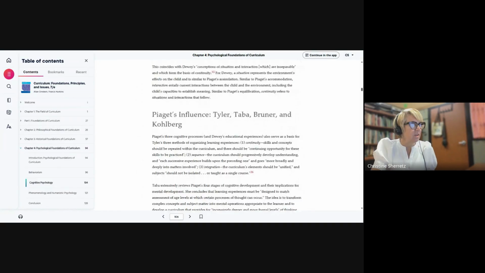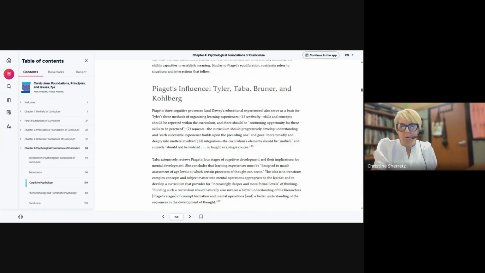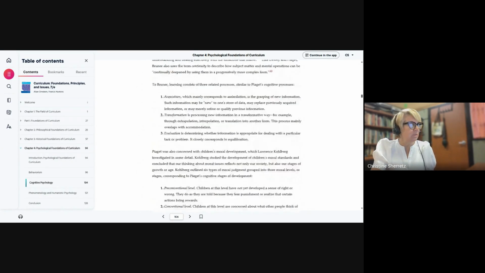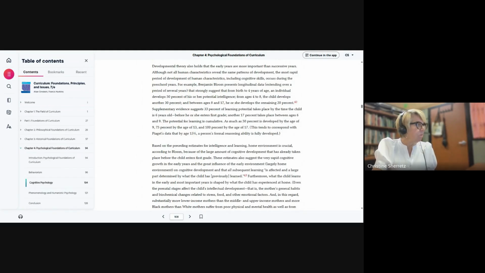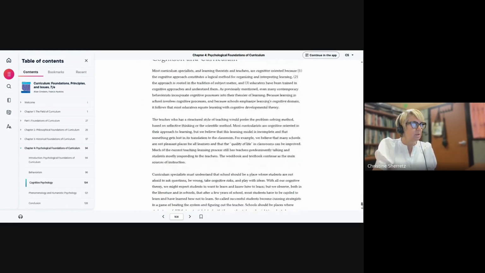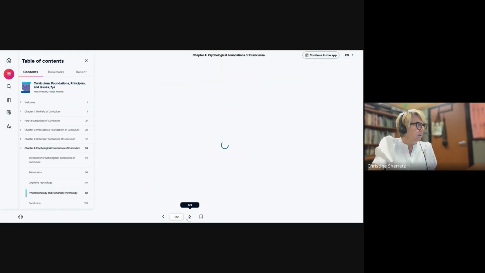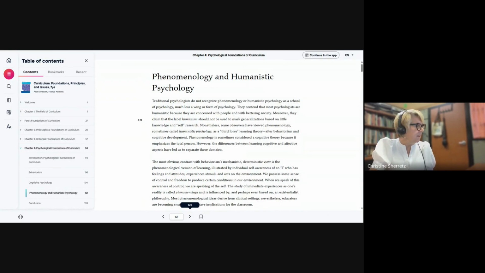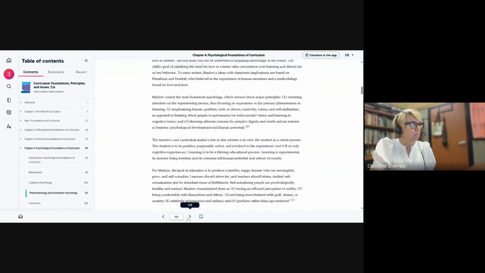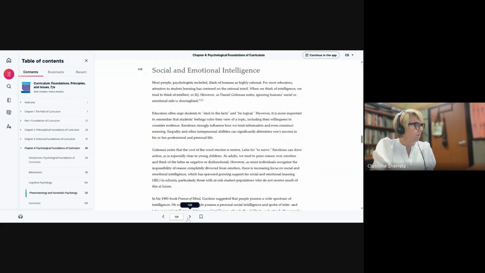You're also going to read about Tyler, Taba, Bruner, and Kohlberg, all important theorists that helped shape curriculum design. That's what you'll be reading for chapter 4, the psychological foundations.